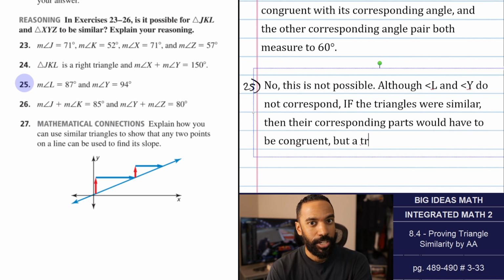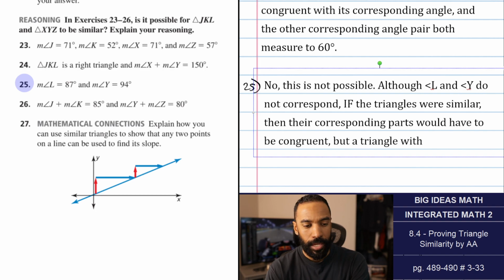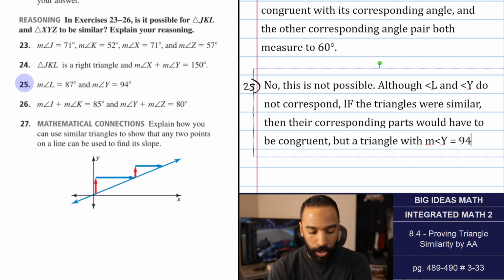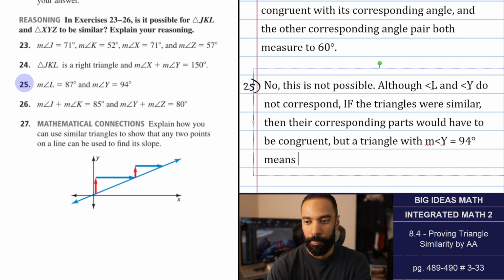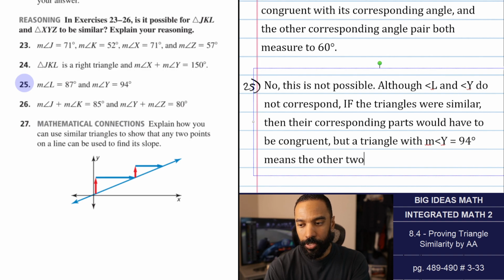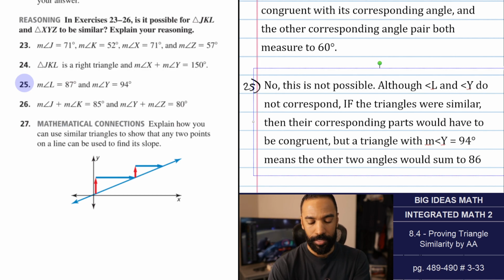But a triangle with measure of angle Y equal to 94 degrees means the other two angles would sum to 86 degrees.